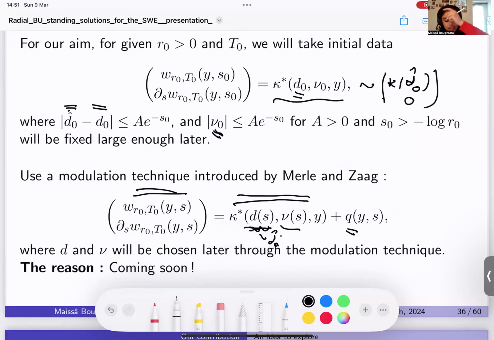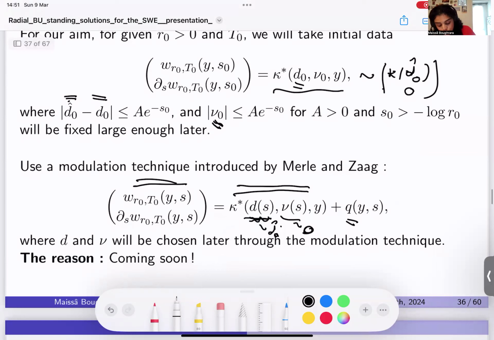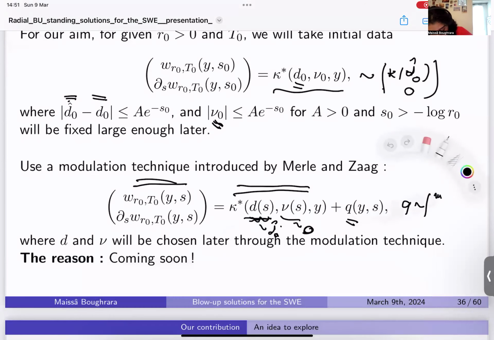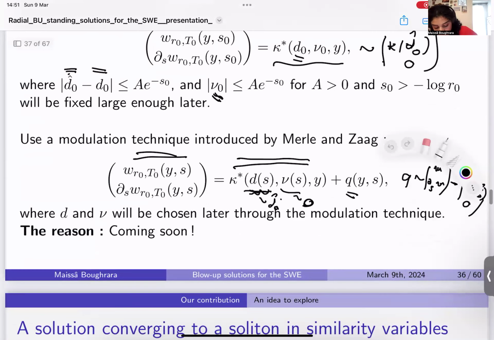They will move, but they will be close to d0 hat, and these ones to 0. Okay, so Q is somehow W of s minus kappa d0 hat 0. Okay, so the idea is to show that Q goes to 0.